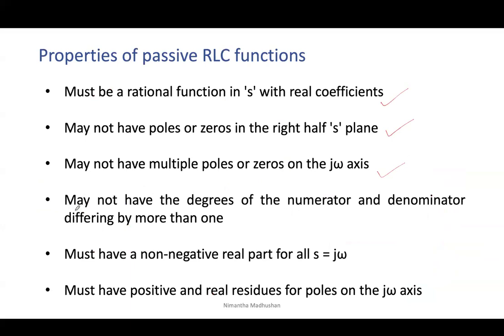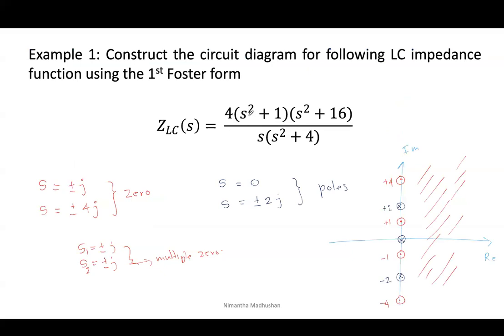And the fourth one is it may not have the degree of the numerator and denominator differing by more than 1. When we consider this function, the maximum degree of the numerator is 4 and the maximum degree of the denominator is 3.